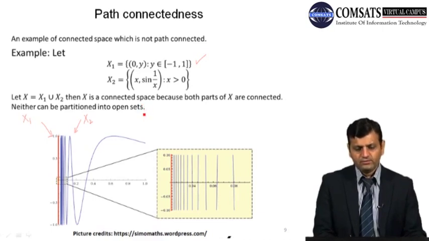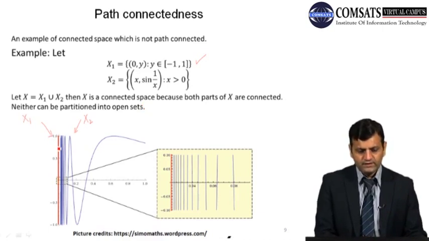Now X is not path connected. Intuitively you can see that if I take a point from X1 and some other point from X2, then there is no path joining X1 to X2, because no matter how close you get to the origin, you will never reach this line. The graph of X2 will never touch the y-axis.